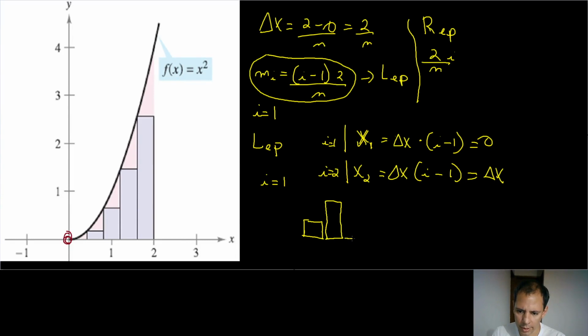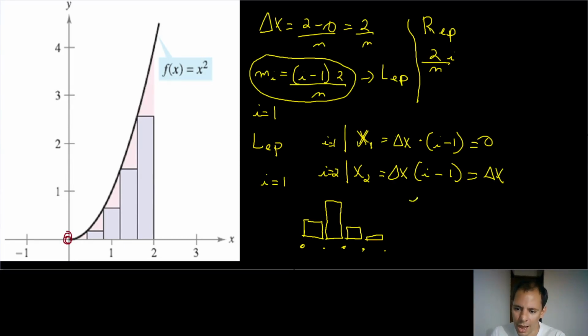And then you have another rectangle here, and another rectangle here. So what I'm trying to find out with this formula, what is mi? mi is the x coordinate over here and over here and over here. So you can see that it's always going to be a multiple of delta x. The question is, how many delta x's are you going to add?